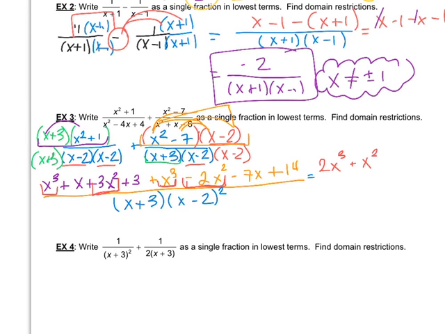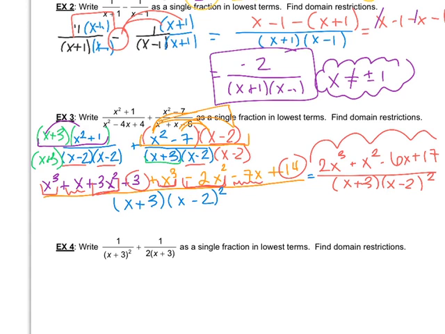And then I've got an x term here, minus 7x, so that would be negative 6x. And then my last thing would be to add 3 plus 14. All over x plus 3 times x minus 2 squared. Okay, so that is the sum.